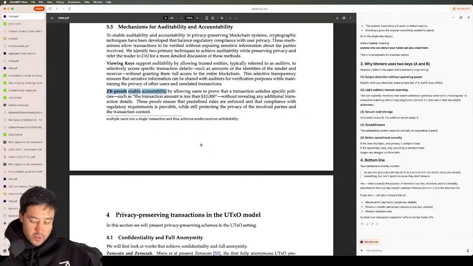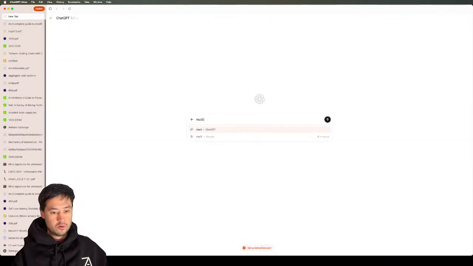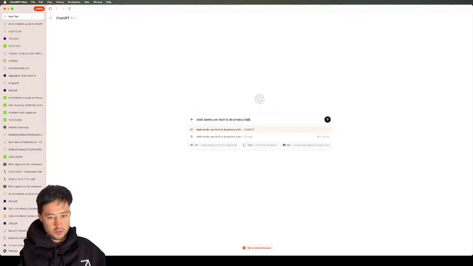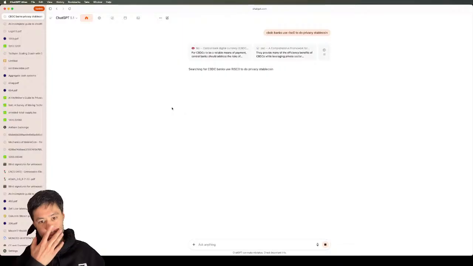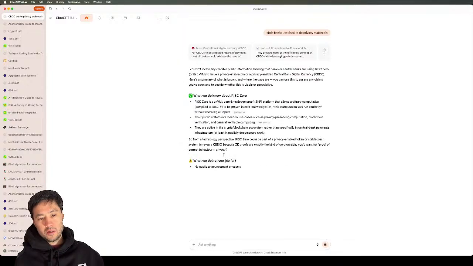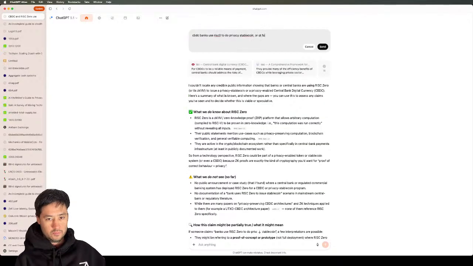Oh yeah, I remember there was this paper that used ReZero pay, machine banks. I can't remember what it was. It was not a privacy stablecoin, right? It was just to facilitate payment in Singapore, cross-border payment, right?